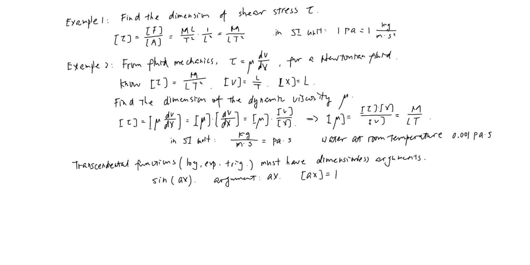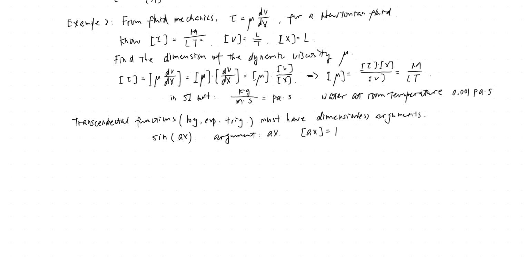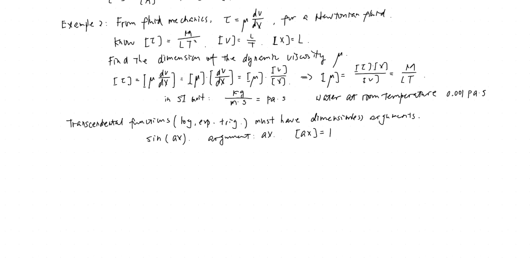Now let's use these to look at a third example. We know that the Boltzmann distribution is a probability distribution.